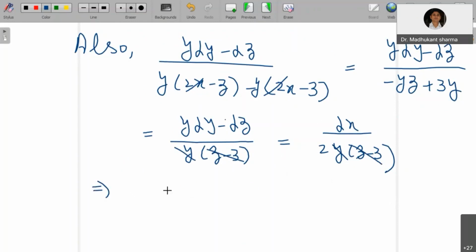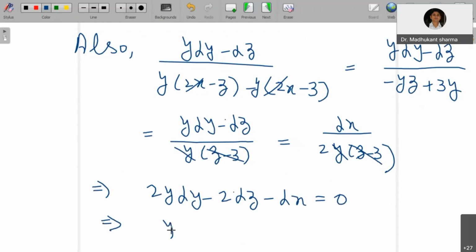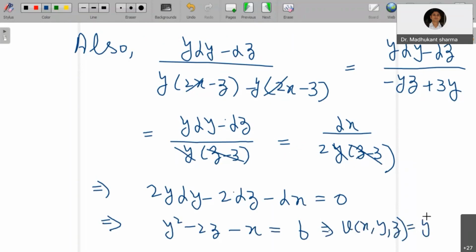This implies you have 2y dy minus 2 dz minus dx equal to 0. And if you integrate both sides, you have y square minus 2z minus x equal to some constant. So this will give you another family, v of x comma y comma z is equal to y square minus 2z minus x equal to b.